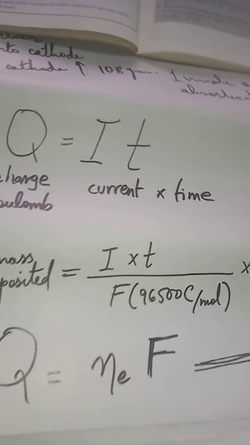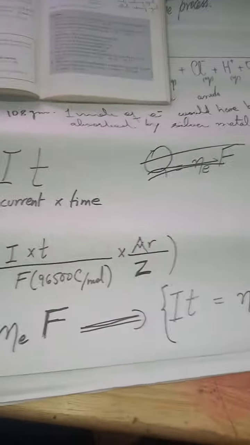And then for gases, it'll be volume of gas released equals current times time divided by the Faraday constant times 12 divided by Z. So Z here would be the charge, the valency, the oxidation number.